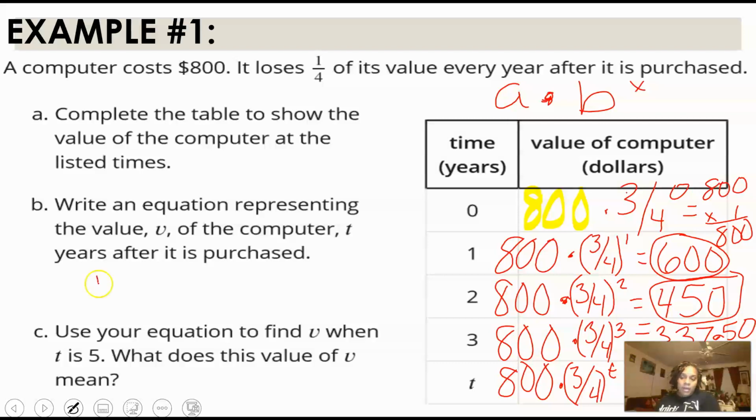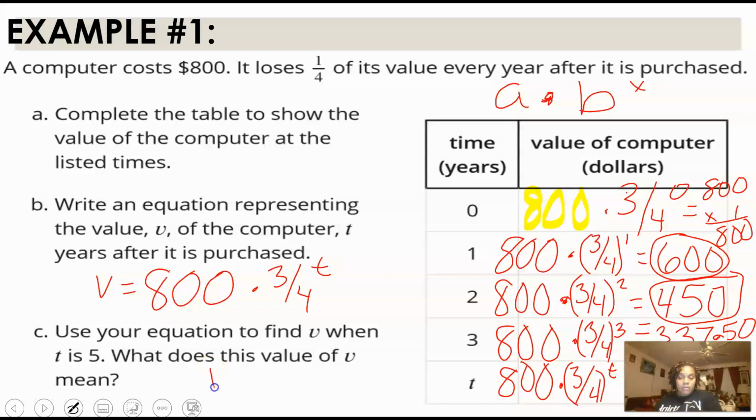So b here, the value v, so here will be 800 times 3/4 to the t, okay? And then down here for c, use your equation to find v when t is 5.